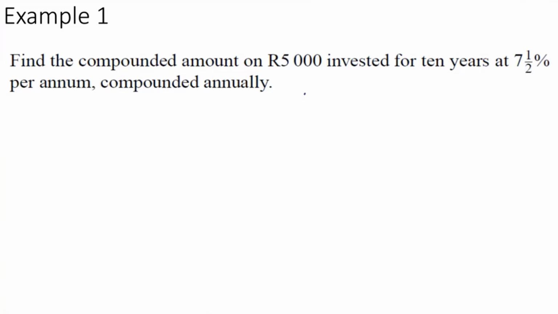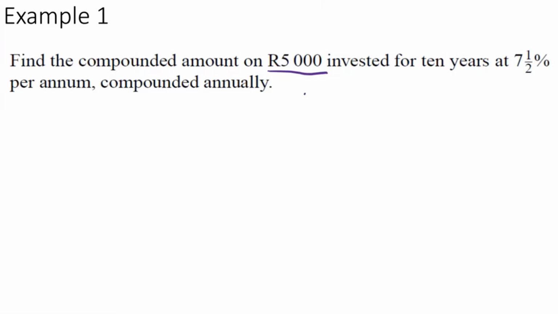You are told that you must find the compounded amount. The compounded amount is the amount that you find in the end, on 5,000, which is the amount that you are starting with.